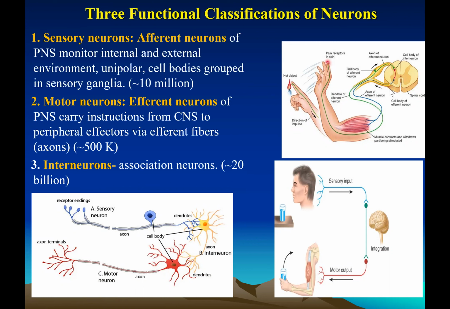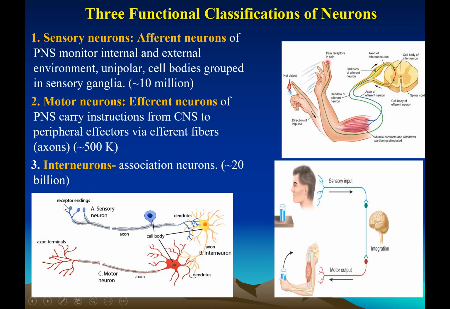Coming to the functional classification of neurons, I already told you sensory or afferent neurons. There are approximately 10 million sensory neurons in our body, whereas there are about 500,000 motor or efferent neurons. Then there are the interneurons or association neurons.